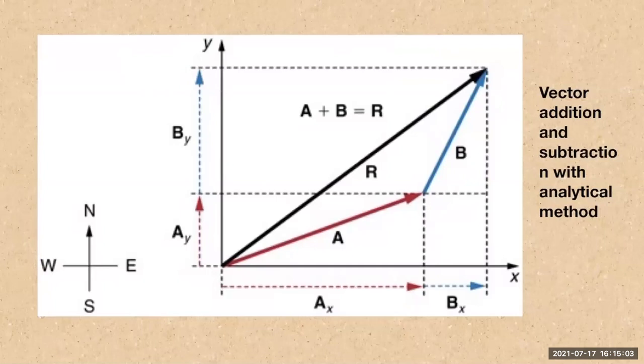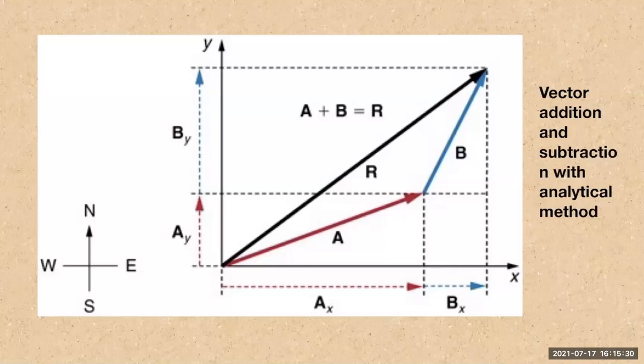Okay, so here is a graphical representation of what we can do. Suppose I have a red vector A and a blue vector B. Each has its own components. A has two components, A sub x and A sub y, as you can see here. B similarly has two components, Bx and By. Then I want to do A plus B, the resultant vector R. Okay, if I know the xy components of the vector R, then I know the vector R precisely, right?